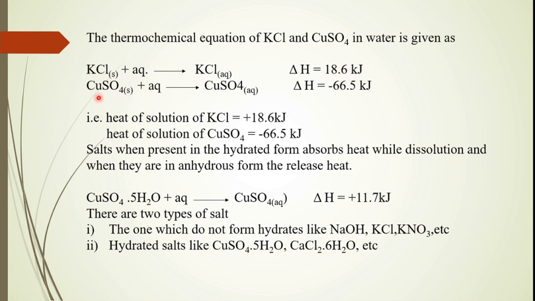Whereas when copper sulfate is dissolved in water to form aqueous copper sulfate, the heat change is minus 66.5 kilojoule. That means the heat of solution of KCl is equal to 18.6 kilojoule, whereas the heat of solution of copper sulfate is equal to minus 66.5 kilojoule.